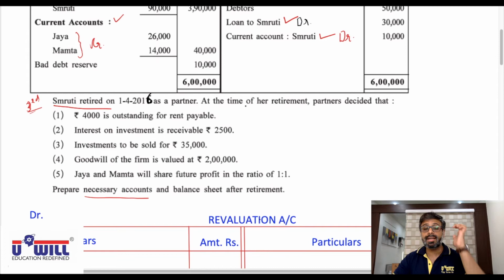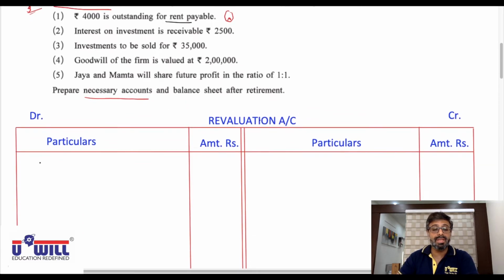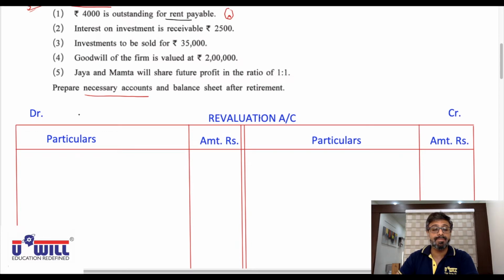At the time of retirement, partners decided that 4,000 is outstanding for rent payable. Now outstanding for rent payable, so we will be sad. We still have to pay the money, it is outstanding. So revaluation account debit to outstanding rent. Revaluation account debit means in revaluation account we'll write on the debit side, to outstanding rent, amount is 4,000, and second effect, outstanding rent is a liability.